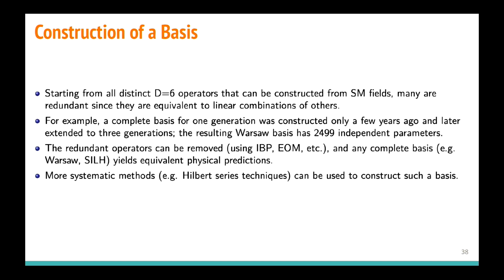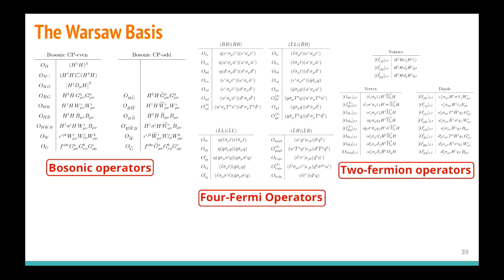So the number of operators is basis dependent, it is not a basis independent quantity. The redundant operators can be removed, as I said, and more systematic methods, which I do not think I will be able to discuss because I will not have time, such as Hilbert series techniques, can be used to construct the basis.